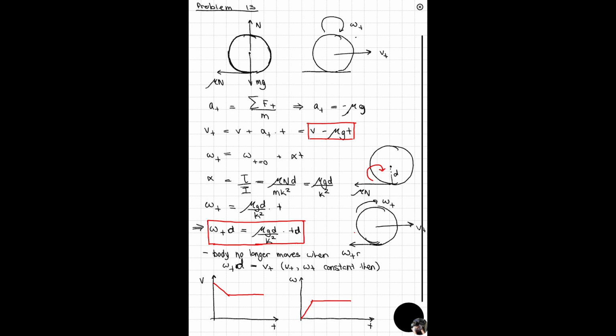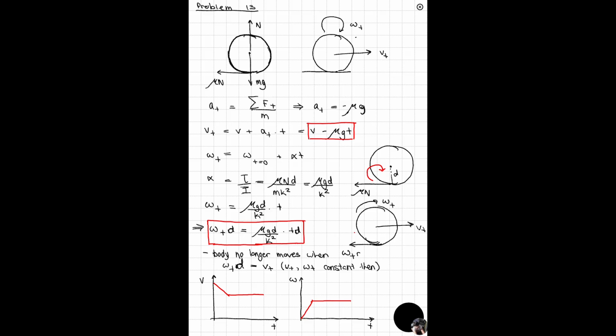So this keeps happening. Meanwhile, let's look at our rotational velocity. A rotational velocity can be expressed in a similar equation. It would be equal to rotational velocity at time 0 plus alpha times t, where alpha is the angular acceleration of the body.